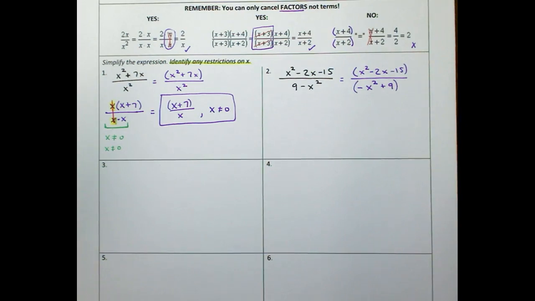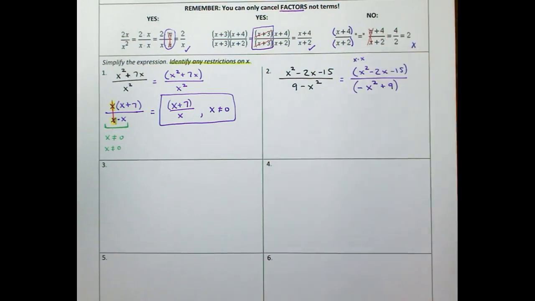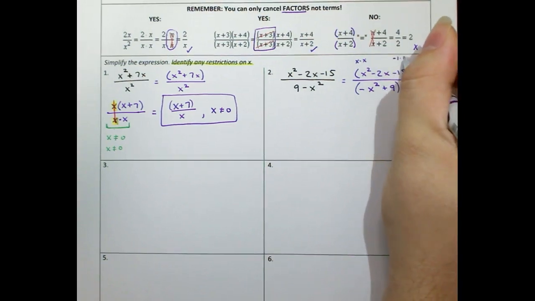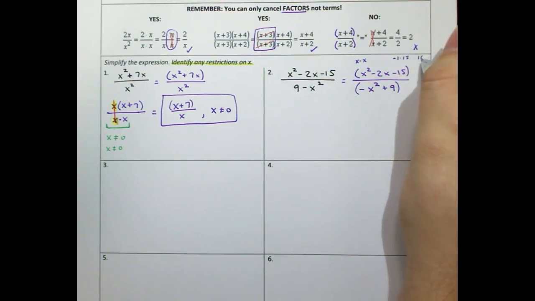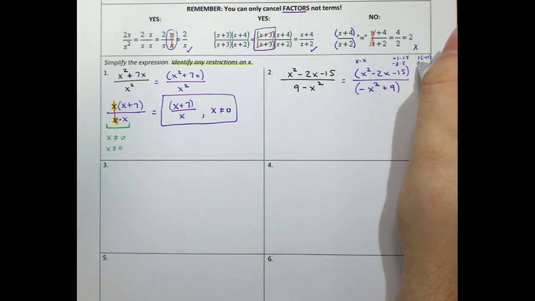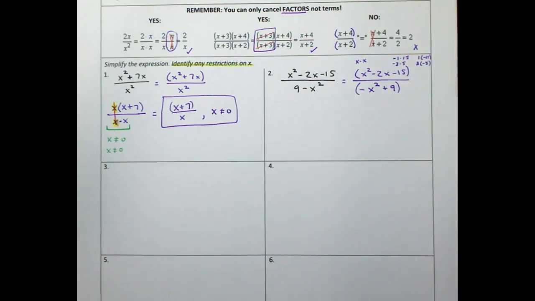And this is going to be important to make sure that we factor things completely. Okay? So starting with the numerator, if you will recall, x squared is x times x. Negative 15 would be negative 1 times 15, or positive 1 times negative 15. Negative 3 times 5, or 3 times negative 5. So we've got to figure out which of those sets equal negative 2.